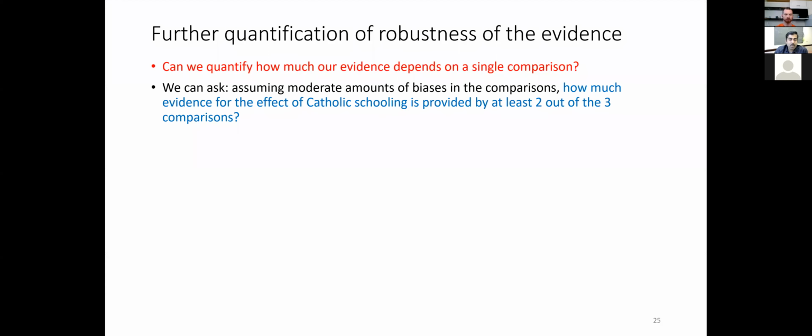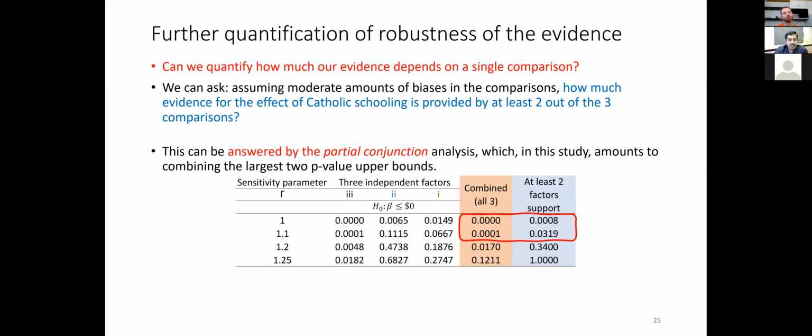If it's provided by just one of them, we are not okay. We need at least two of them. You can answer this by calculating what is called a partial conjunction of p-values, which here turns out to be just combining the largest two p-values. In each row of this table, the largest two p-values are always the first and the second one.